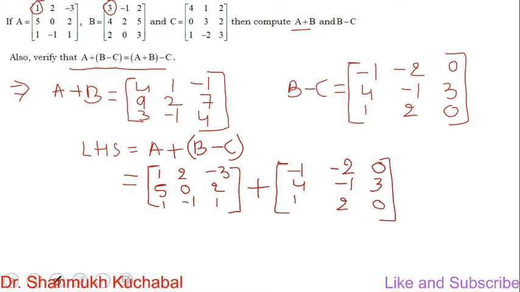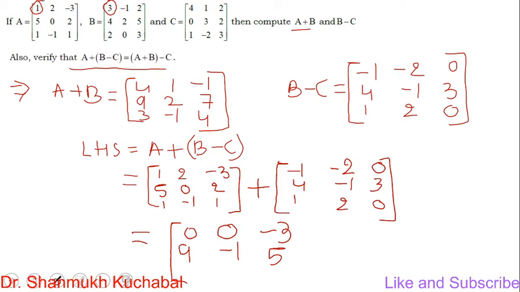Now we have to do addition, because here it is an addition operation. 1 minus 1, so we get 0. 2 minus 2 is 0, minus 3 plus 0 is minus 3, 5 plus 4 is 9, 0 minus 1 is minus 1, 2 plus 3 is 5.